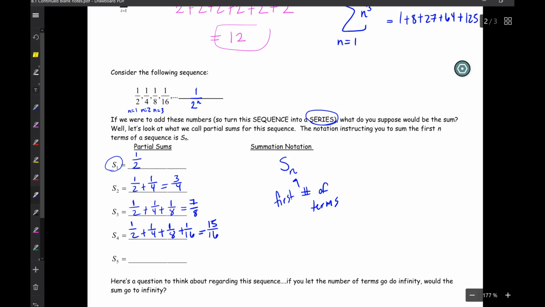And the sum of the first 5 terms, which is 1/2 plus 1/4 plus 1/8 plus 1/16 plus 1/32, thank you, is equal to, well, we can multiply this by 2 over 2, you get 30 over 32 plus 1 over 32 would give us 31 over 32.